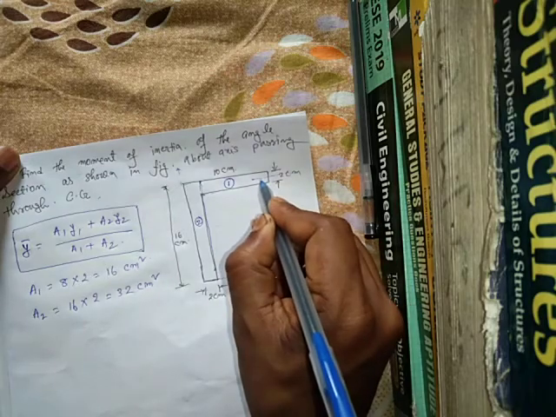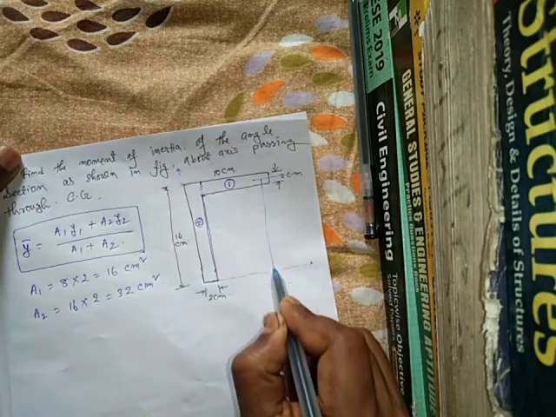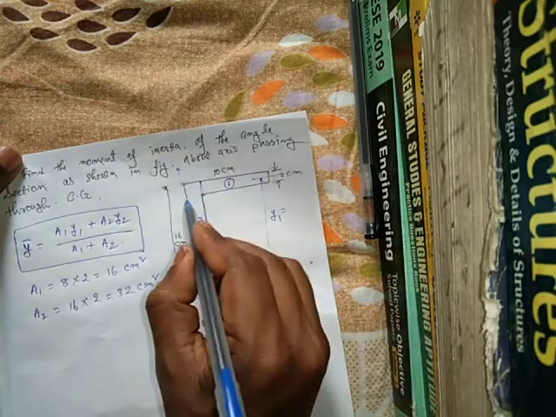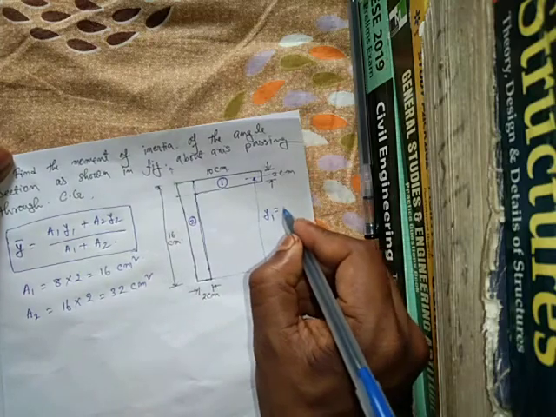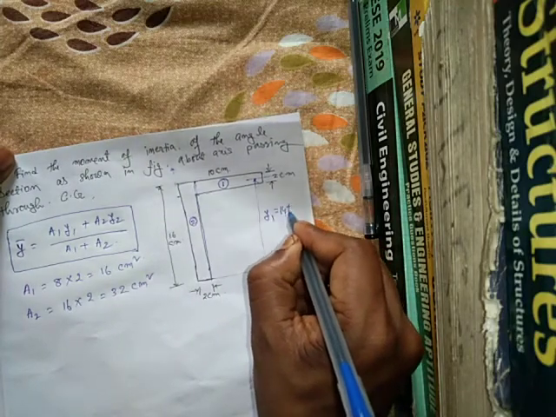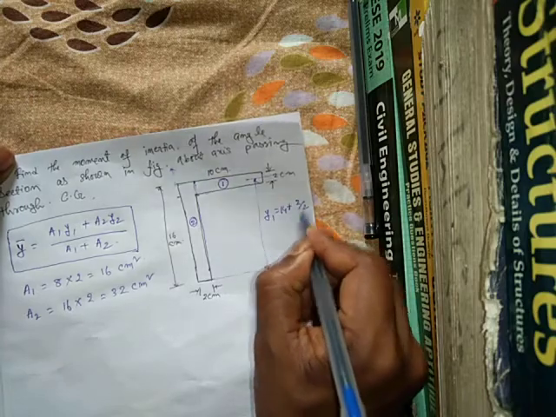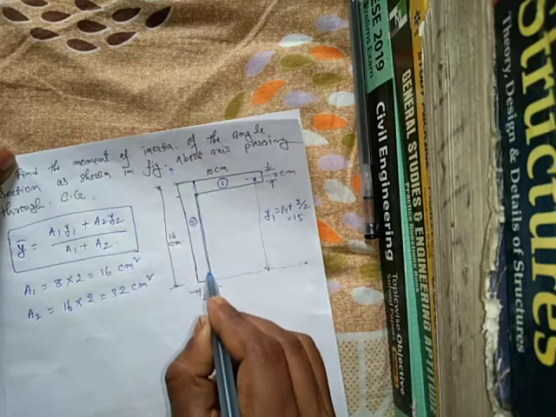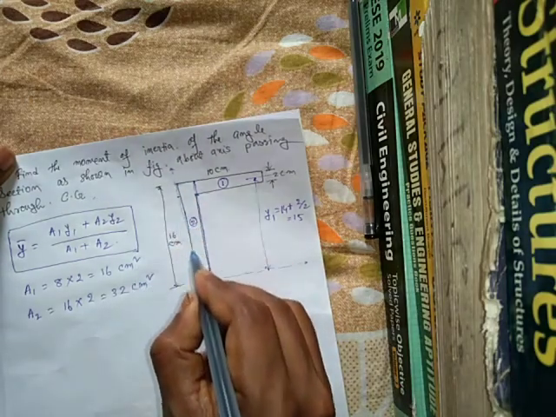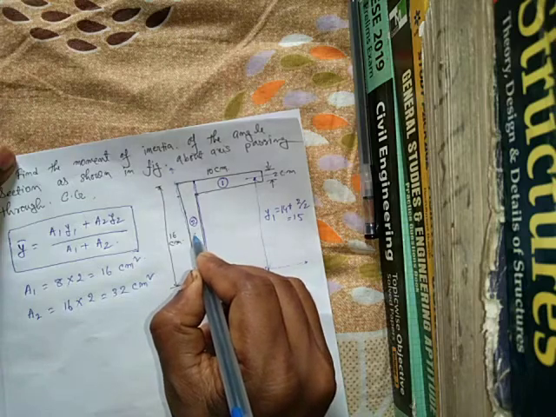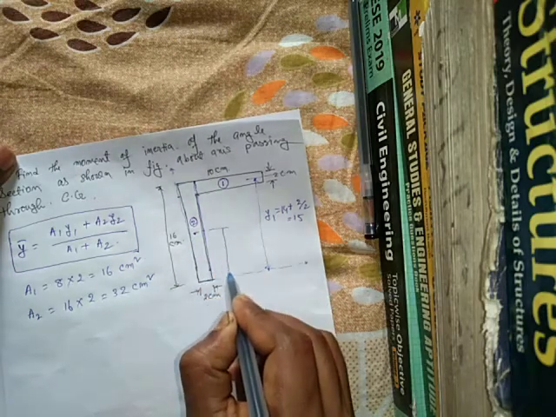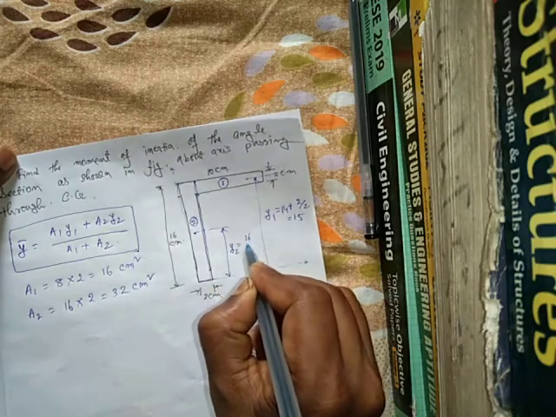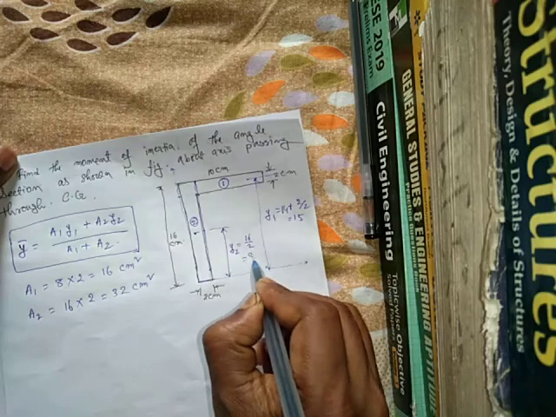The CG distance of section 1 is y1, which equals 14 plus 2 divided by 2, which is 15. The CG of section 2 from the bottom will be y2 equals 16 divided by 2 equals 8.